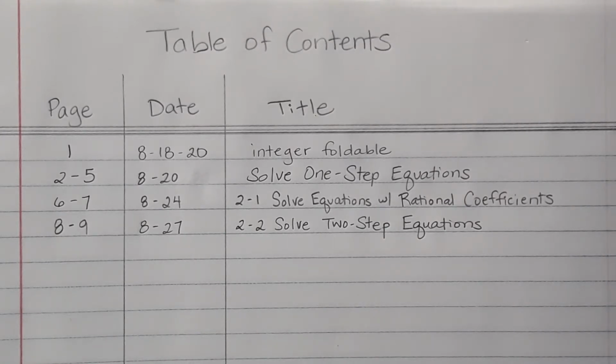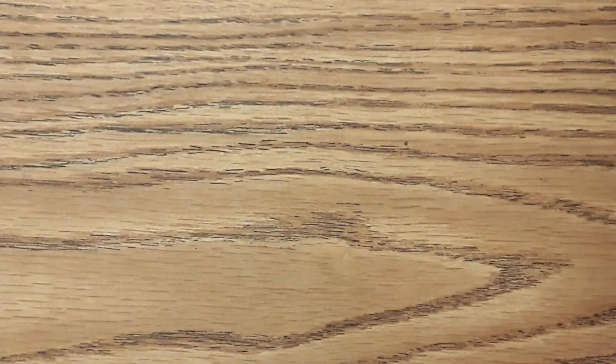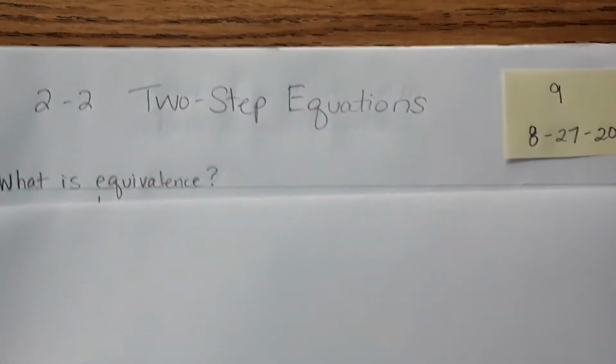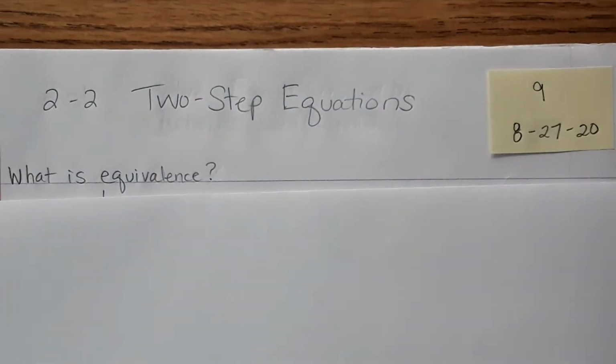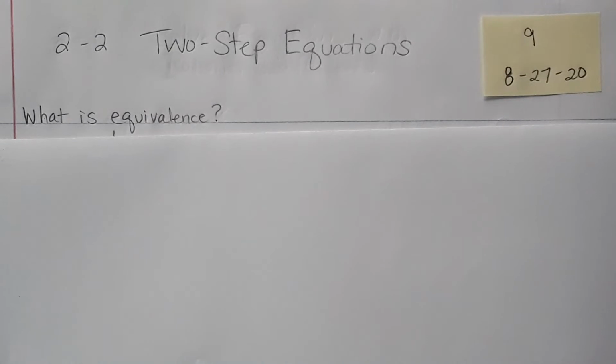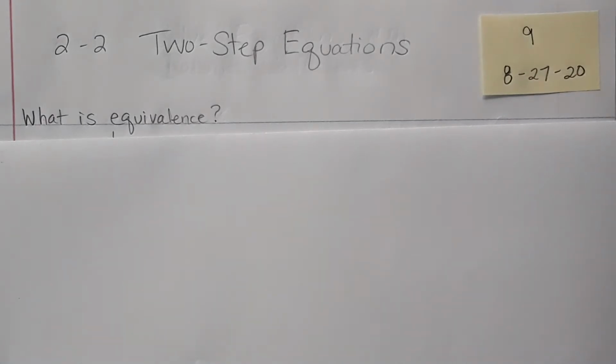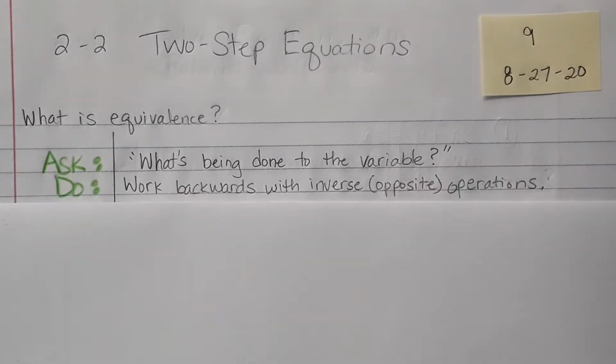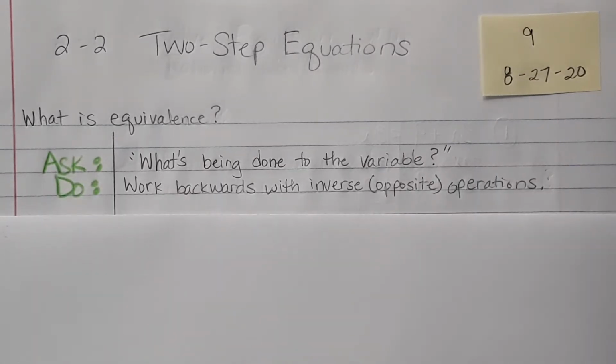Let's go to the very next right-hand side page in our notebook, page 9. Here's the heading. And just as a reminder, we want to ask ourselves what's being done to the variable, and then we need to actually work backwards with inverse or opposite operations.